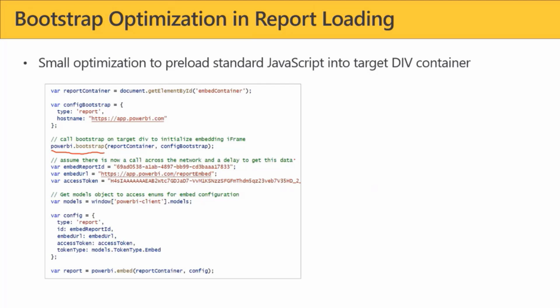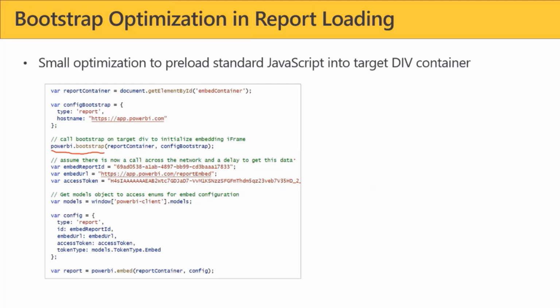Now, if you're just initializing the page and you have synchronous code that calls bootstrap then powerbi.embed, that's not really going to save you any time. You need something such as: I call bootstrap and then I call across the network to get the embedding data. By the time the embedding data comes back and I start the embedding process, I've already got the JavaScript loaded in. Your expectation is that bootstrap might save you a fraction of a second, maybe more on a really slow machine.